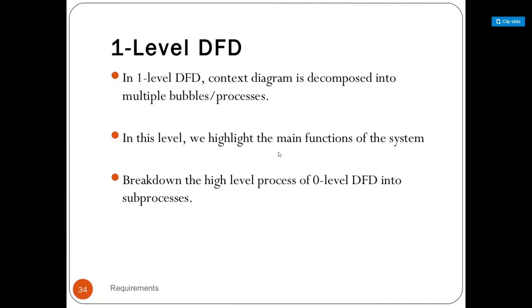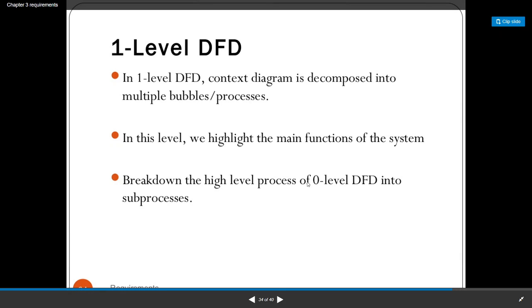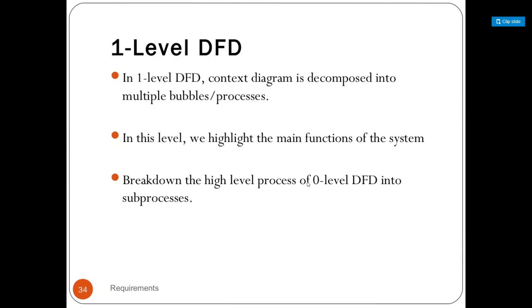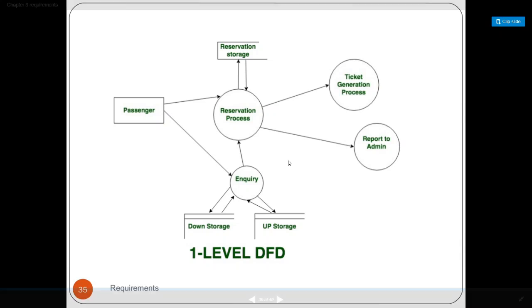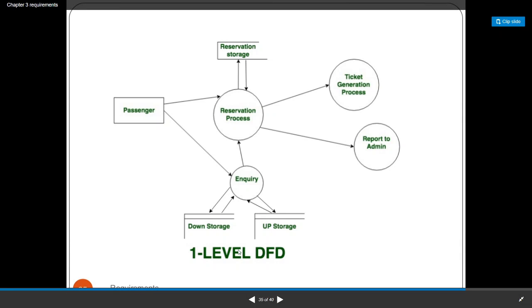Next is level 1, which is a little broken down phase of this level 0 DFD. It is decomposed into multiple bubbles, and we highlight the main functions of the system. See, this is level 1. Reservation storage is there.